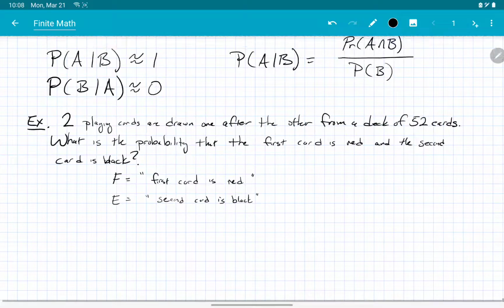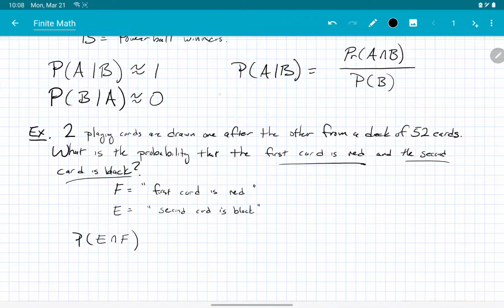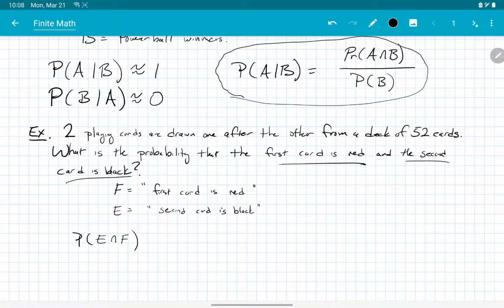Okay, so what we're trying to find is the probability that the first card is red and the second card is black. So that is the probability of E and F. This is a little bit difficult to compute on its own, but we can use this conditional probability equation to make it easier to compute.